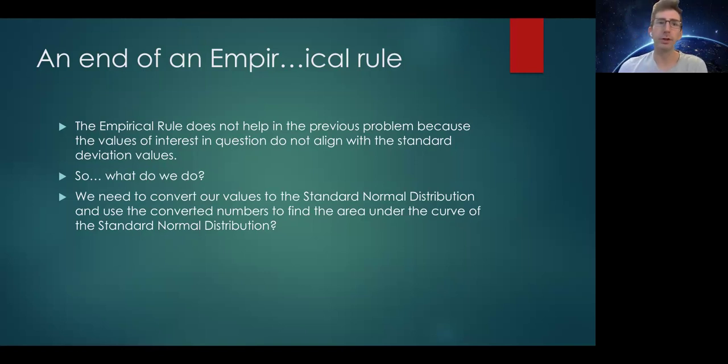And the area under the standard normal distribution will be the exact same value as the area under the normal distribution that we started with, because all we've done to it is convert it, right? Think of this like converting hours into minutes. I can say this video is 1 hour long.